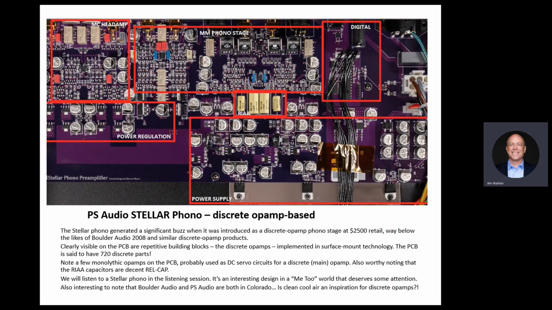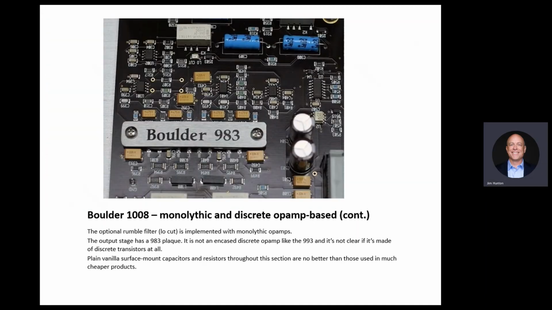They're surface mount. Not much different than, well, the Boulder 1008 has a few op-amps in here, real op-amps that it's using, but I believe it has some transistors under there.